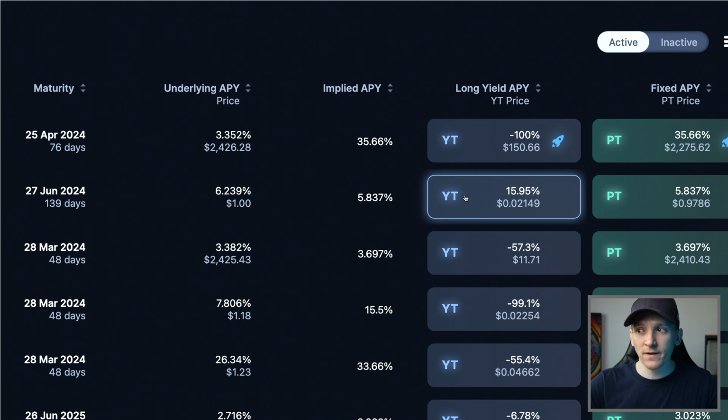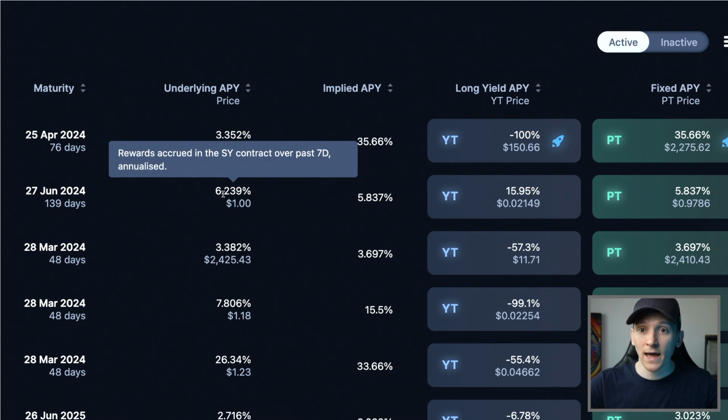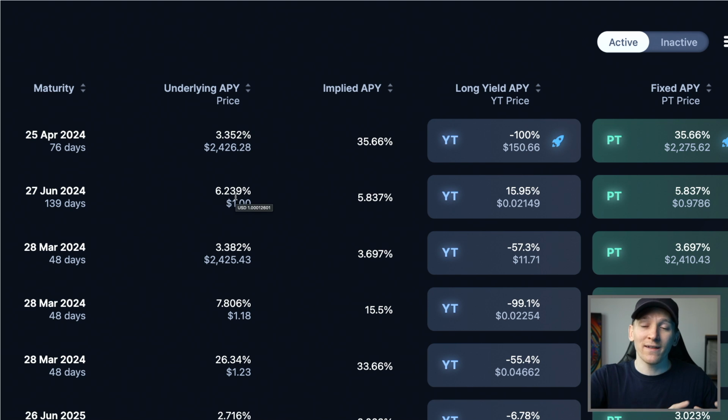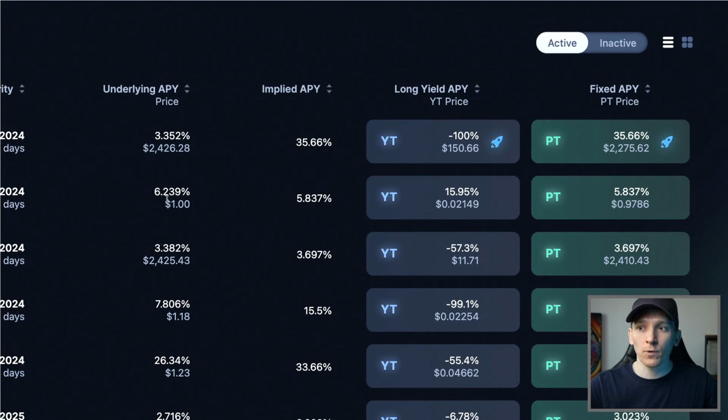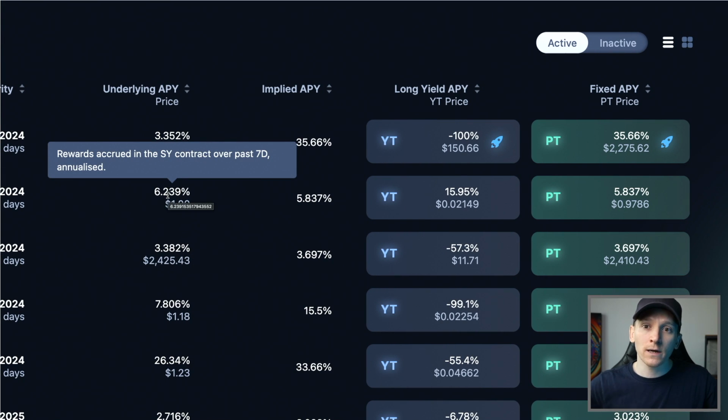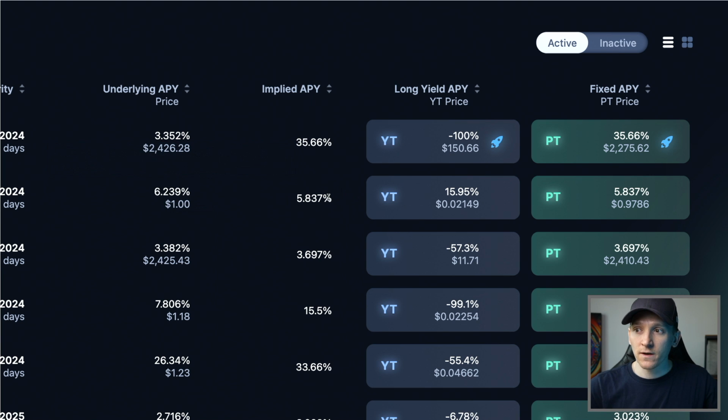So if you want to buy this yield token right now, the underlying or implied APY that you're buying it at is 5.8%. Now, the underlying APY, so the APY that's actually happening on this market, on Aave right now for USDC, is currently 6.2%. So you're currently buying the yield, and you're paying 5.8, and the current yield is 6.2. So you're currently getting it at a discount to what the token is yielding right now.